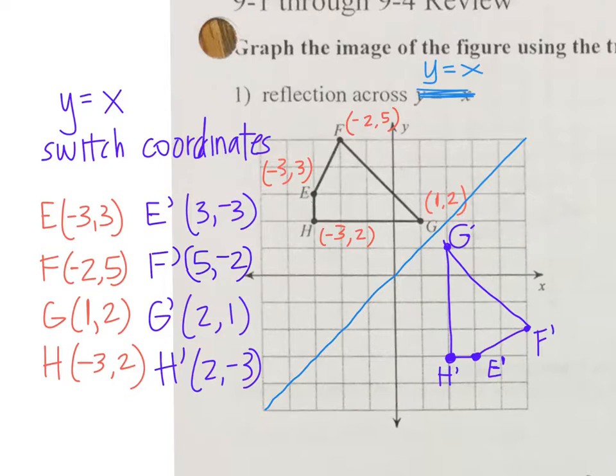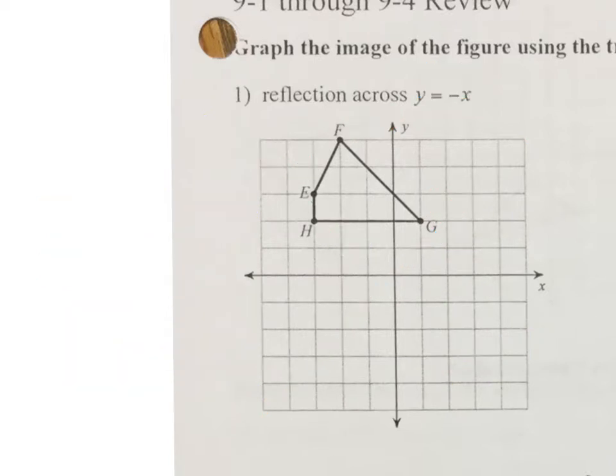So be sure you write down how you reflect across y equals -x and how you reflect across y equals x. What would you do if it said to reflect across y equals -1? Well, on the y line, you'll go down 1, and then you'll draw a horizontal line. That's what you're reflecting across. And then you just count.